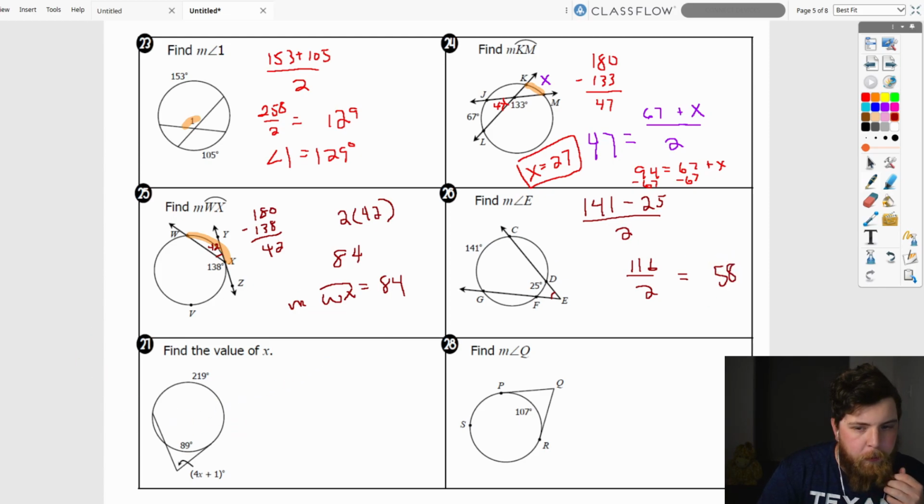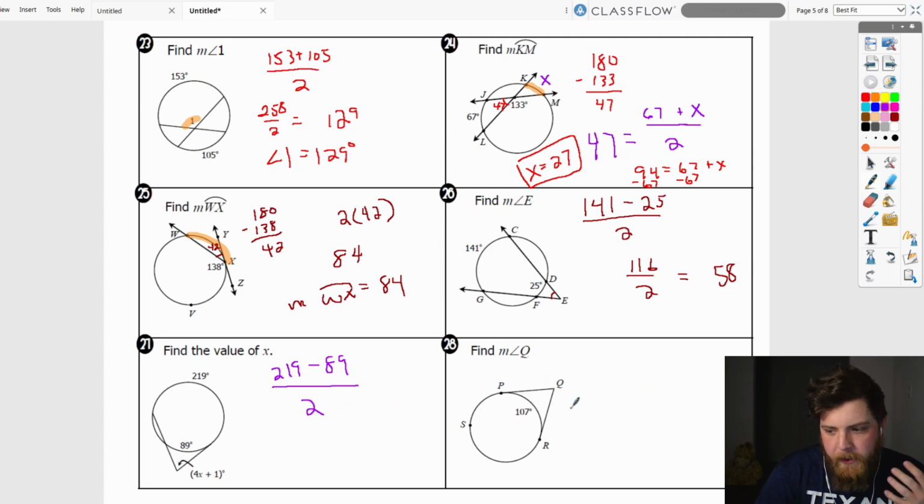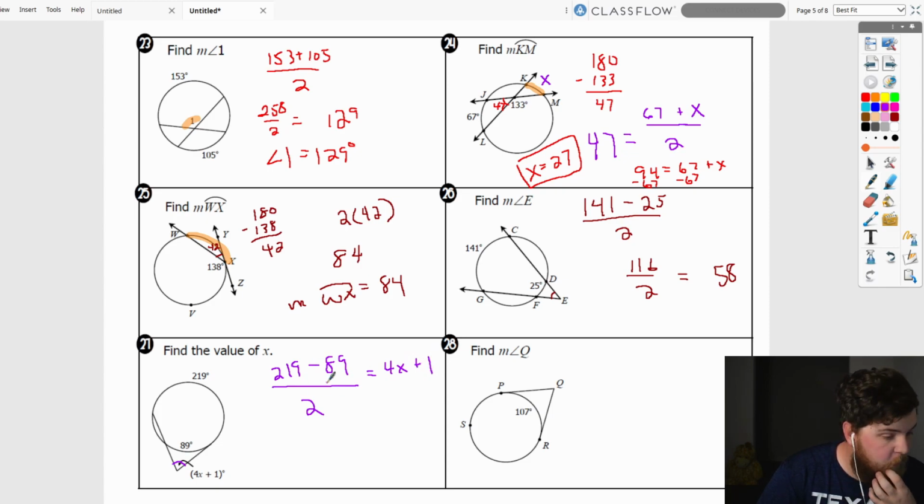And then same thing here, right? I have to take the bigger arc and subtract the smaller arc. So 219 minus 89 divided by 2. Oh, sorry, I didn't see that they gave me this. It's going to be equal to 4x plus 1. Right, so they're wanting me to solve for x.